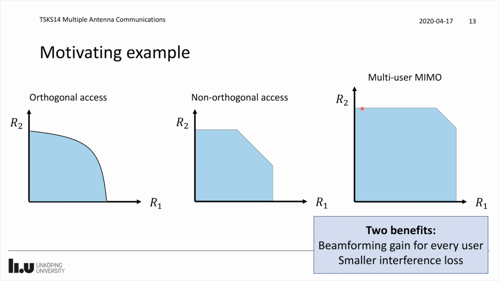And also, by having multiple antennas, the different rows in the channel matrix are going to look more and more orthogonal to each other, which means that the users are interfering less and less. And that will also mean that this trade-off between them is going to be smaller. So if we would like to serve one user with its maximum rate, the loss for the other user compared to its maximum rate is going to be smaller than in this non-orthogonal access case. And that can also give us the opportunity to use simpler methods for receiving the signals than successive interference cancellation.